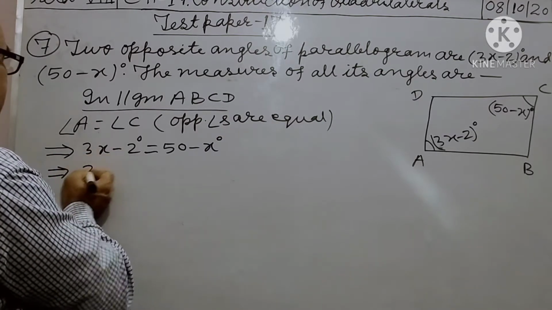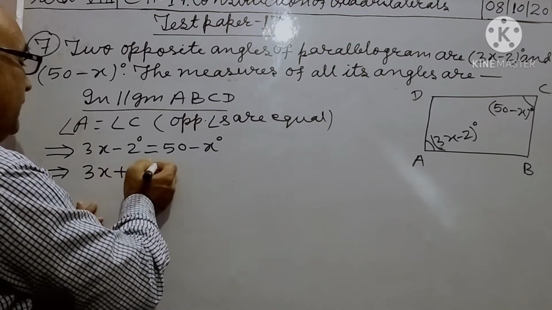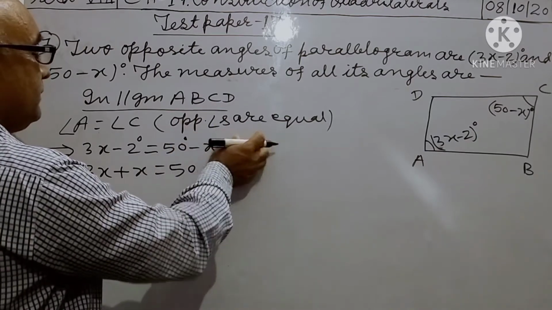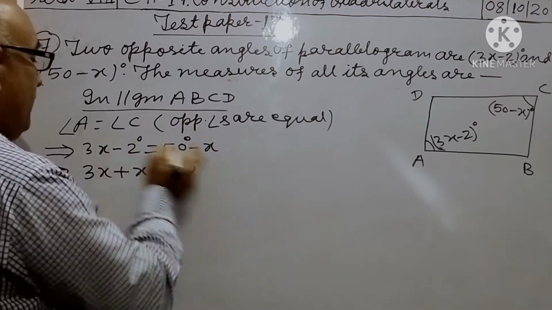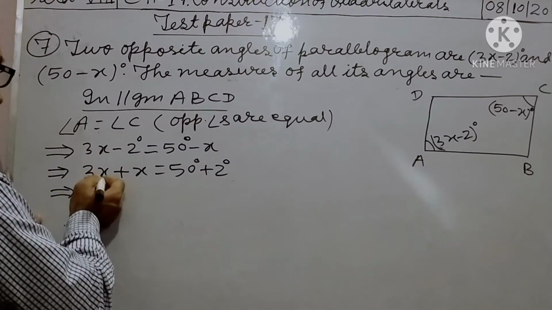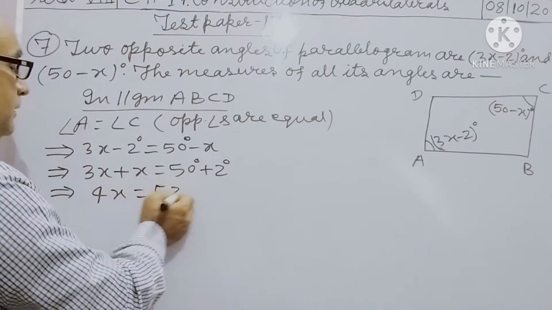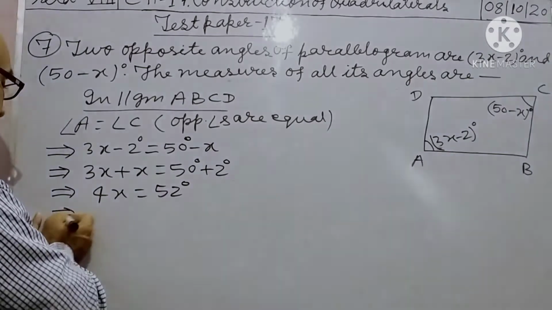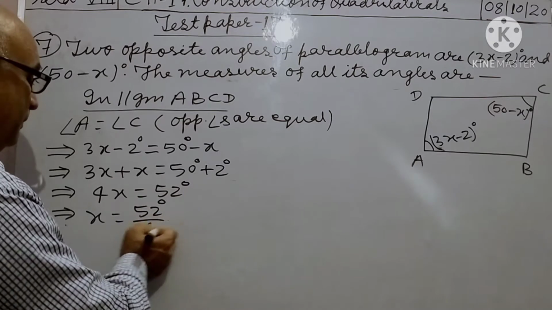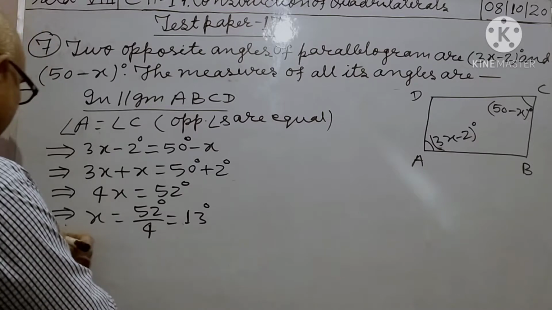That implies 3x plus x by transposition, and 50 degrees plus 2 degrees, since minus 2 by transposition changes into plus 2 degrees. That implies 4x equals 52 degrees. That implies x equals 52 degrees by 4 equals 13 degrees.